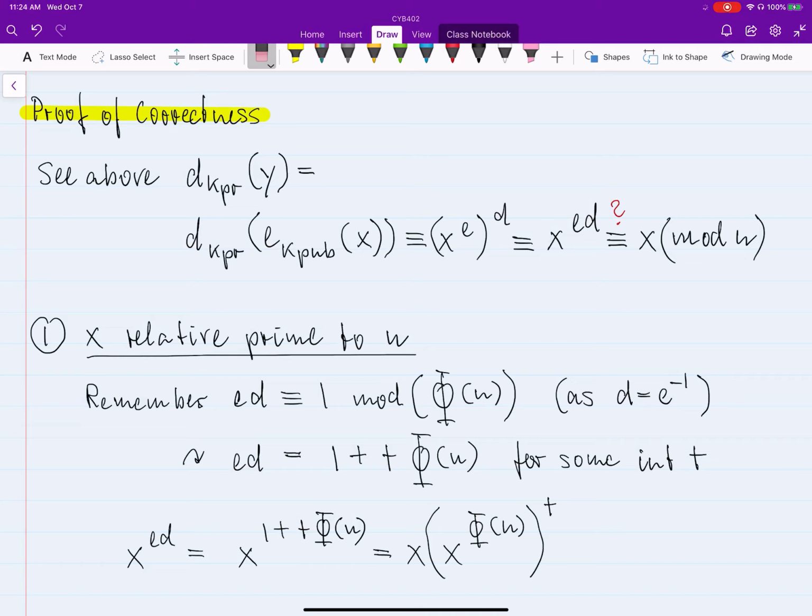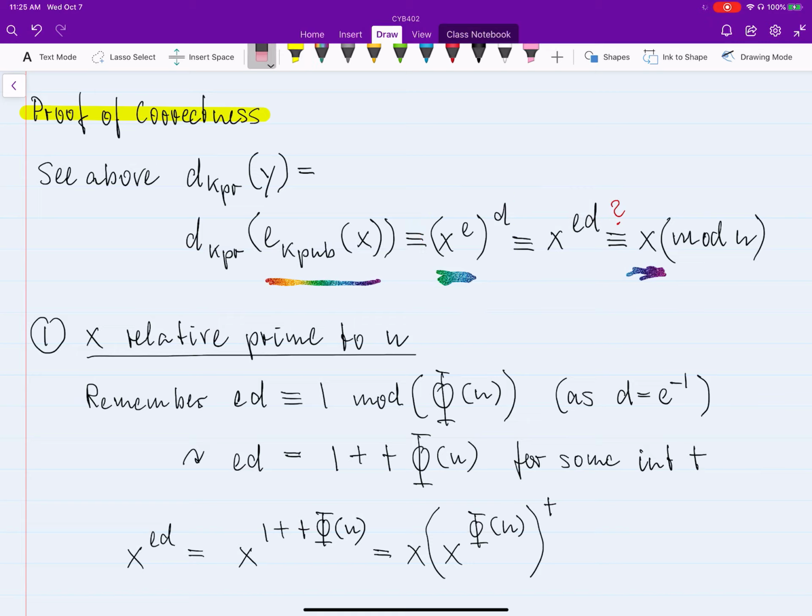And remember that our ciphertext came to be by encrypting the plaintext, which is being done by raising x to the power of e. So what that means is that those two things together, x to the e times d modulo n, needs to be x.